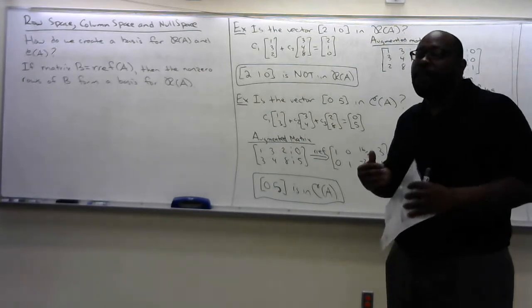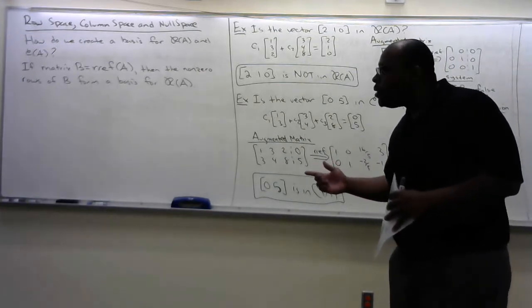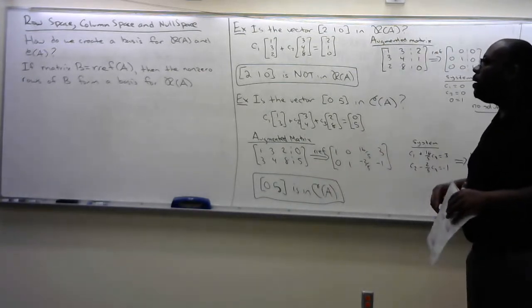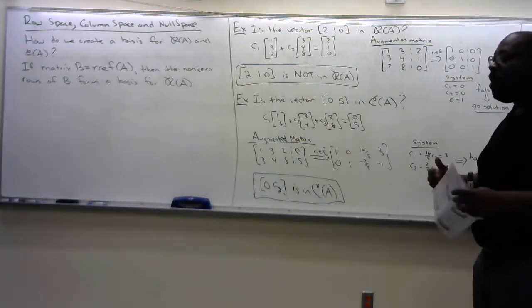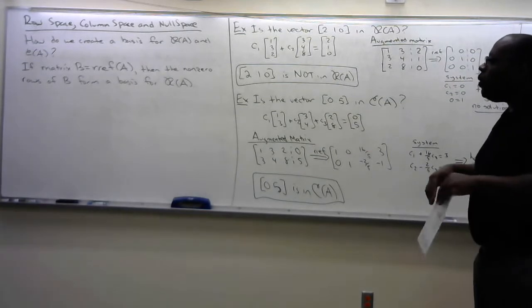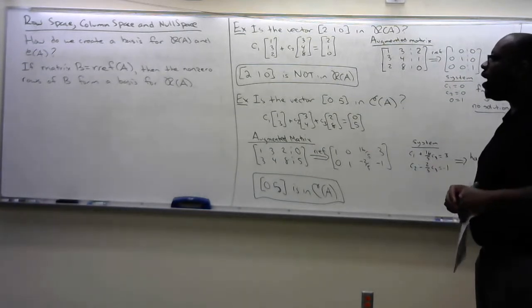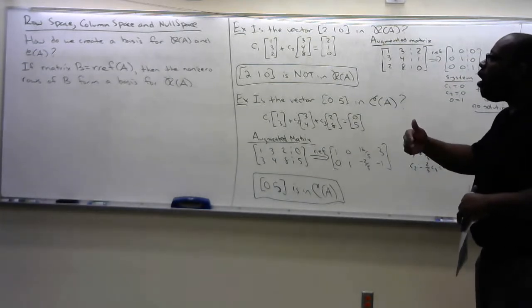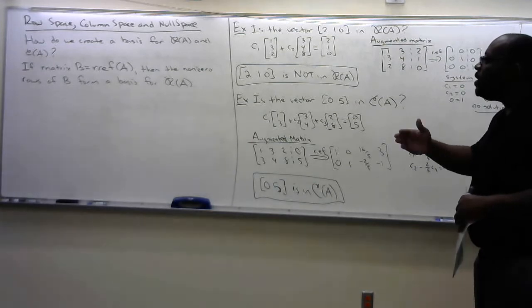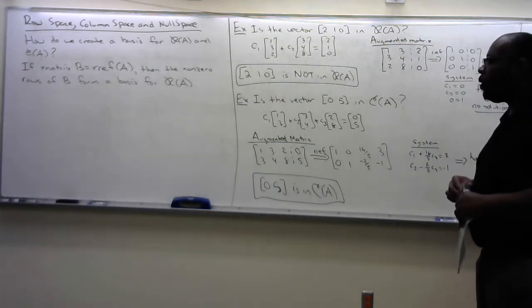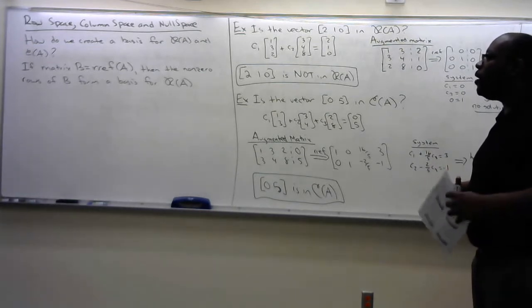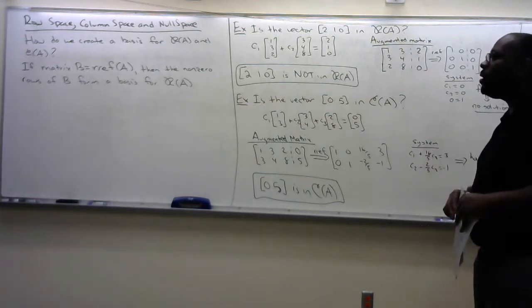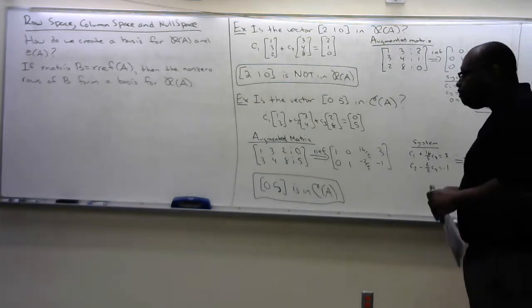It's going to give me a basis for the row space of A. So we take the reduced row echelon form of A, it eliminates all of the unnecessary vectors that we don't need, and we can use whatever is left over, the non-zero rows of that reduced row echelon form, as a basis for the row space of A.